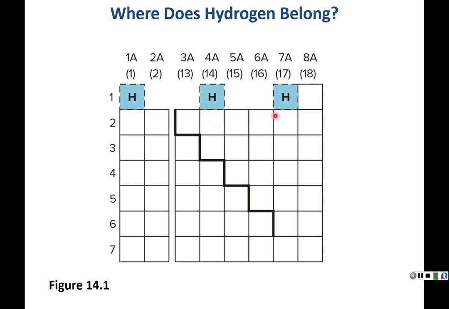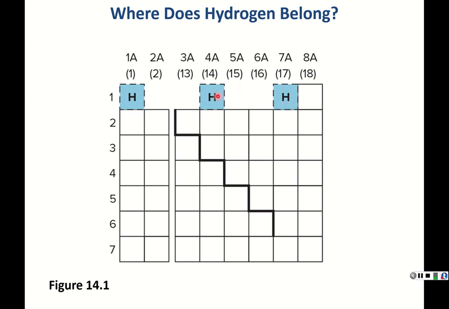We can put it in the halogens, so over column 17, or the 7A family in the old nomenclature. You could put it there because it is a gas. It exists naturally as a diatomic gas, like the other halogens, F2 and Cl2. And it reacts in a similar fashion. It reacts with other things and forms one bond. So that's also very similar.